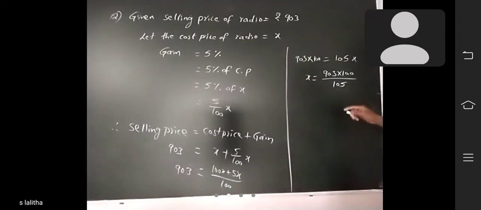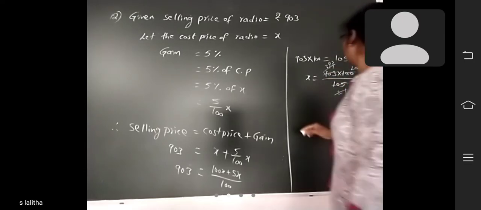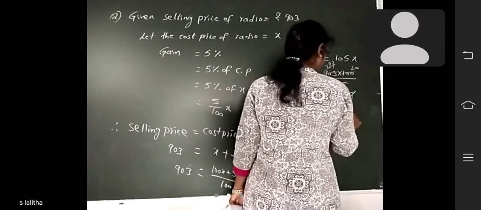Now do cancellation. 5 20s, 5 2s 10, 5 1s 5. 3 7s 3, 3 7s 21, 3 3s 9, 0, 3 1s 3. Next, 7 4s 28, 2 is remaining, 7 3s 21. So x is equal to 43 into 20.